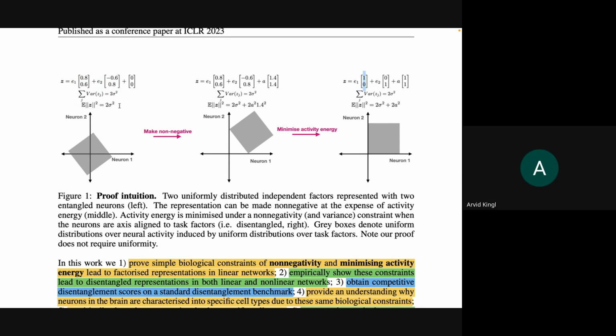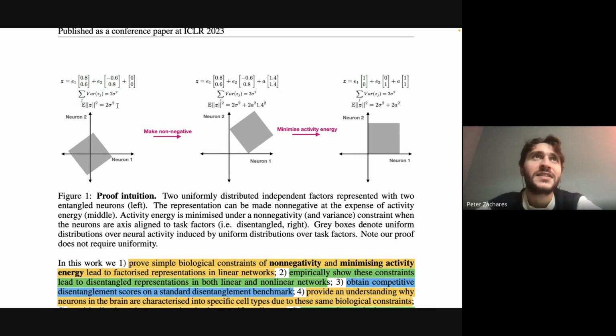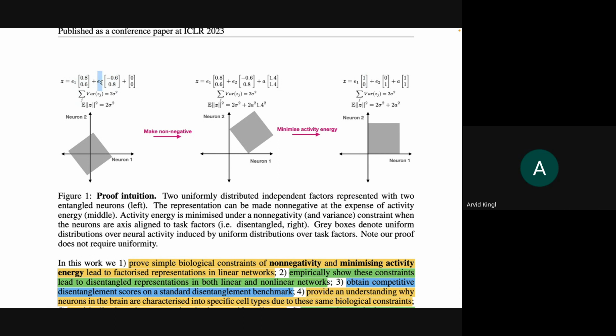Quick question. The E1 and E2, they are just sort of like weights, so they're just regular numbers, right? I think it's a bit confusing how they've done it, but these are actually the task variables. So E1 and E2 are not part of the model. They're like the inputs, like X1 and X2. Yes, exactly.